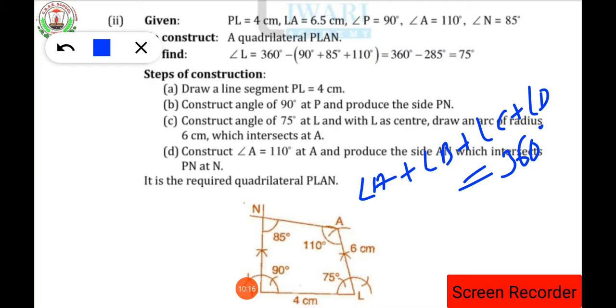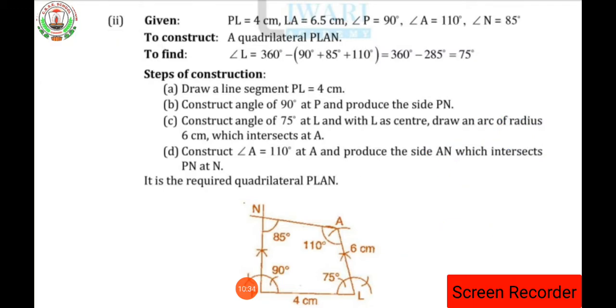Now, in place of A, B, C, D we have angle P plus angle L plus angle A plus angle N. Sorry, the name of the quadrilateral is PLAN, isn't it?